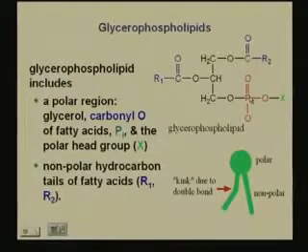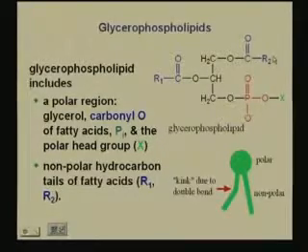Now, the phosphate again is esterified. Okay? If the phosphate again is esterified by this X group, this is where we can change the type of glycerophospholipid that we have. So, where can we make the changes? We have the basic structure of a glycerophospholipid, that is going to be the glycerol.